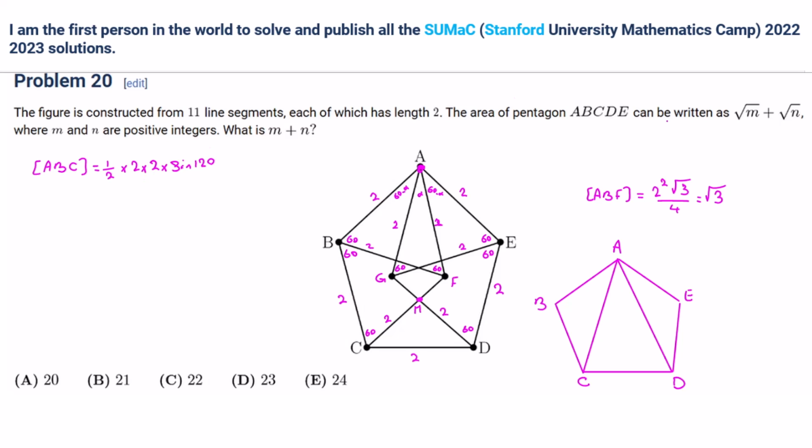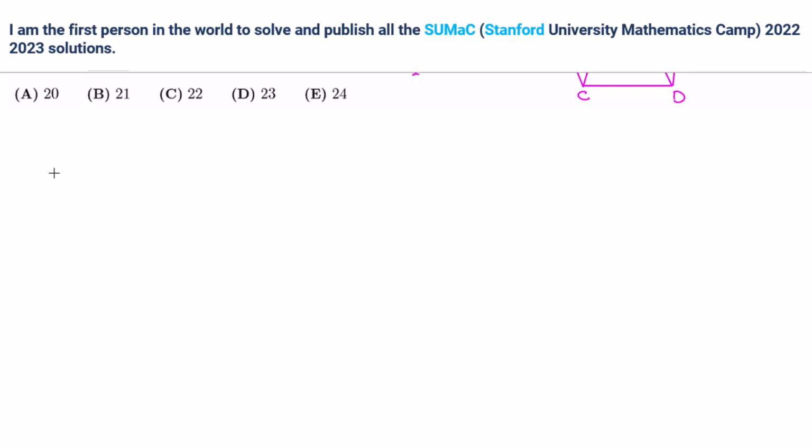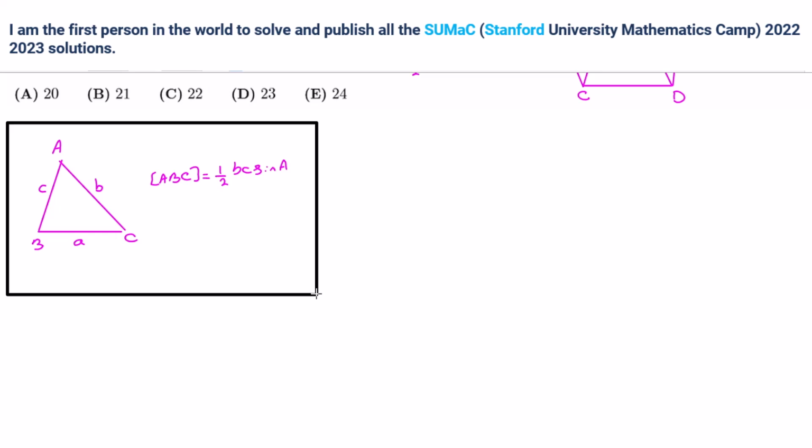I don't know that much trig, only what you've taught me so far. Let me tell you. When you have triangle ABC, one formula is that the area of ABC is 1/2 times AB times AC times sine A. Have you seen this formula before?